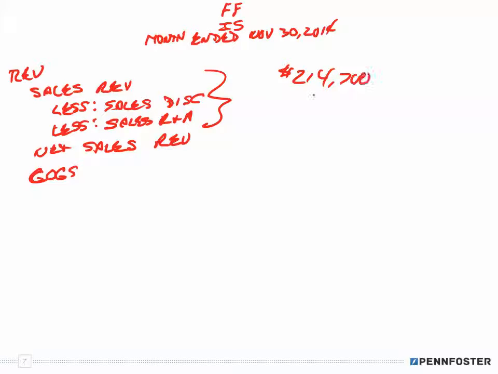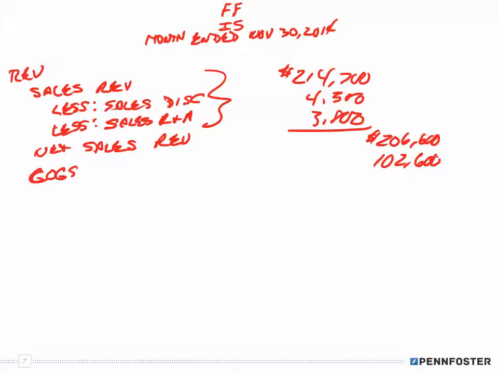As you can see, 4,300, 3,800, which gives me 206,600, and then 102,600, and that's going to give me a gross profit. Oops, I want to indent my cost of goods sold. That's going to give me a gross profit of 104,000.